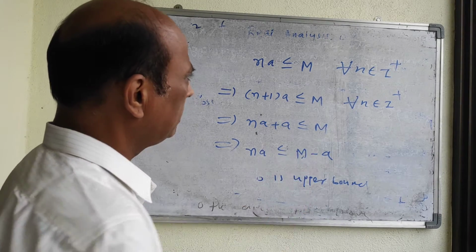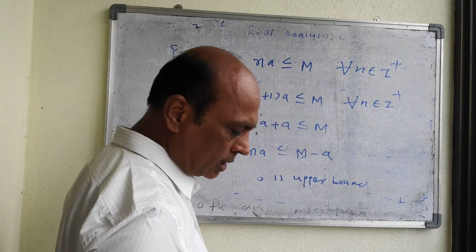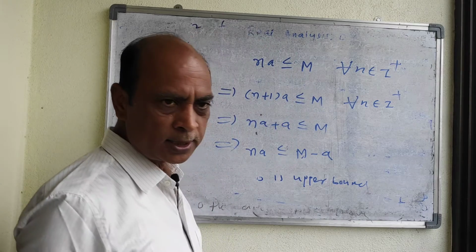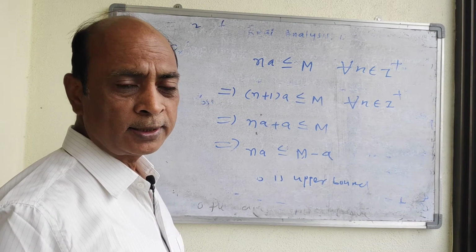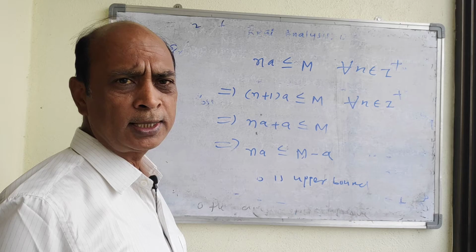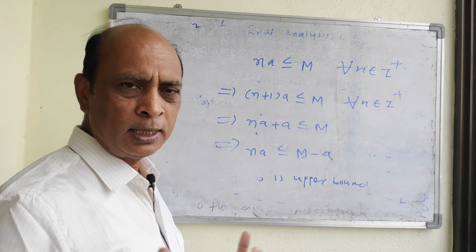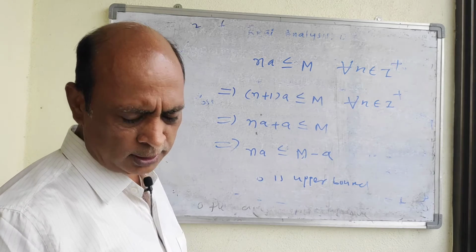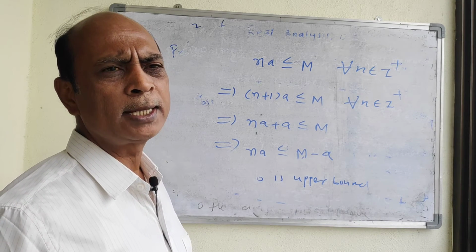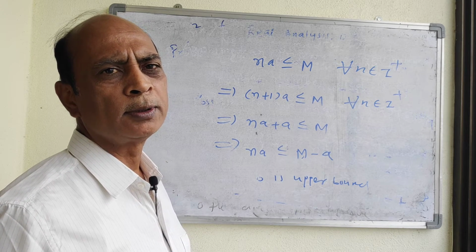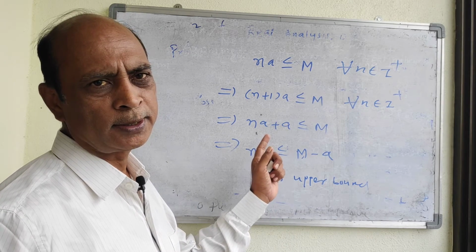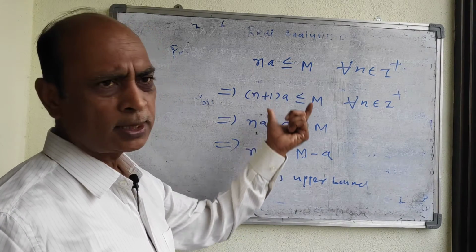This implies that M minus A is an upper bound of S. But what is M? M is the least upper bound. Then how is it possible? If M is the least upper bound, then no number less than M will be an upper bound. And therefore this is the contradiction. Here M minus A is an upper bound.